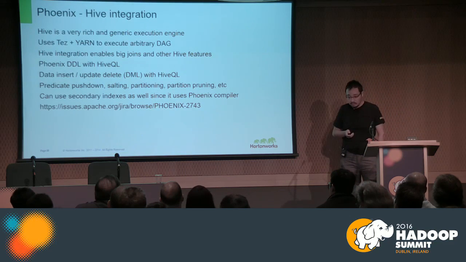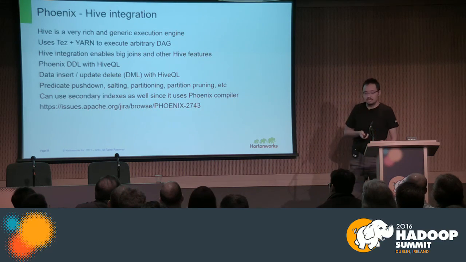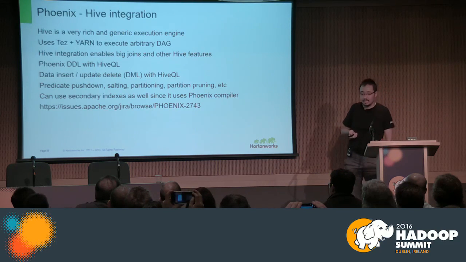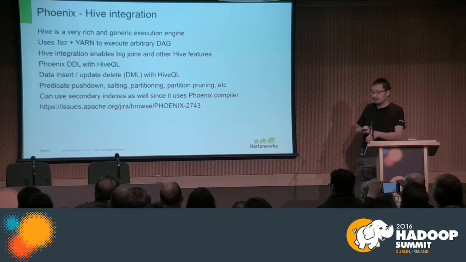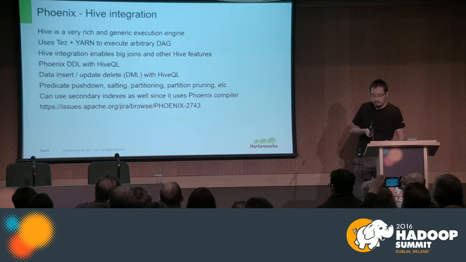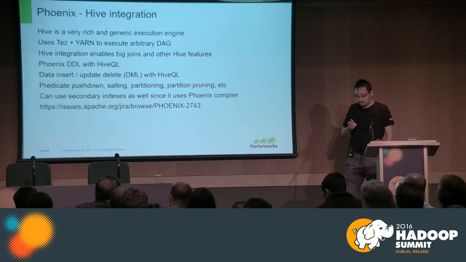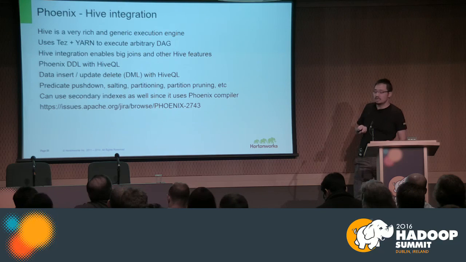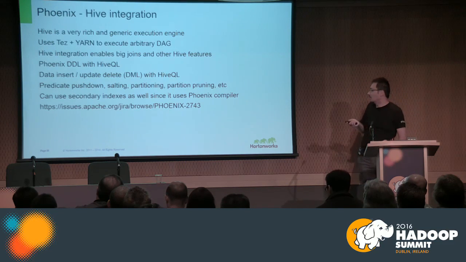All right? So the Hive integration is also coming. Hive is obviously a very rich engine which has test support and can execute arbitrary DAGs, right? It can do big joins and other features, so with the Hive integration into Phoenix, we can use all of these Hive features. There will be Phoenix DDL support in HiveQL, and also DML support, as well as predicate pushdown, salting, and partition pruning.